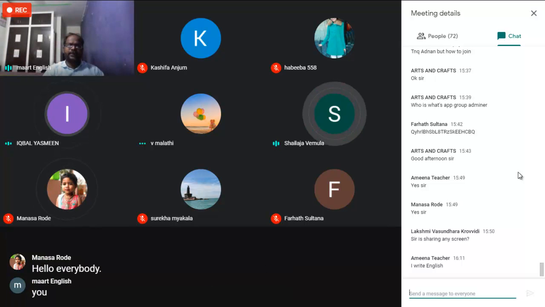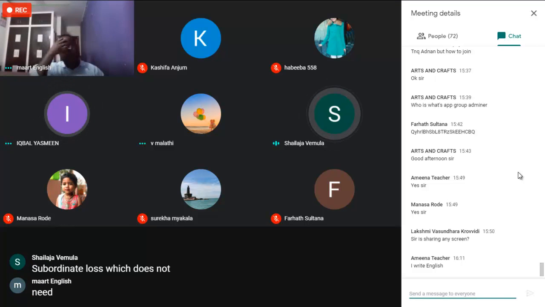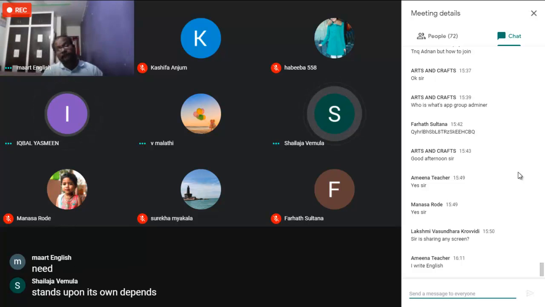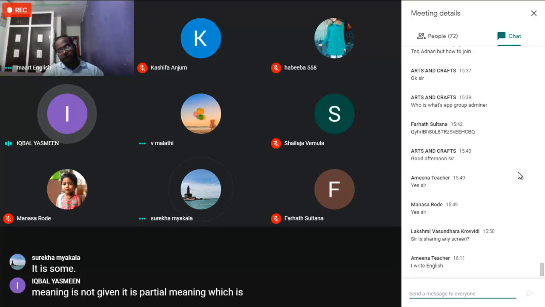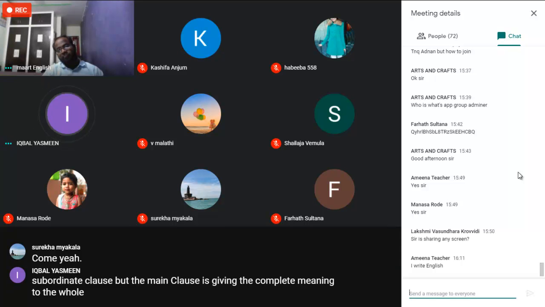No, meaning is there. Subordinate clause does not stand on its own, it depends upon the main clause. Sir, in the subordinate clause, the complete meaning is not given. Only partial meaning is given, but the main clause gives the complete meaning to the whole sentence. It is a full-fledged sentence, the main clause.